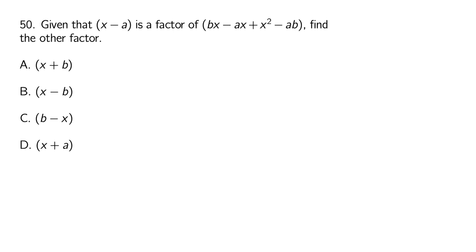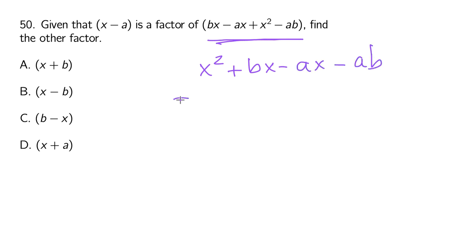The next problem, which is the last one, is question 50. It says that given that x minus a is a factor of that, find the other factor. One thing to notice is that this expression is a quadratic. You can write it as x squared plus bx minus ax minus ab.